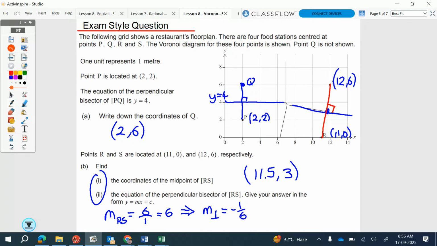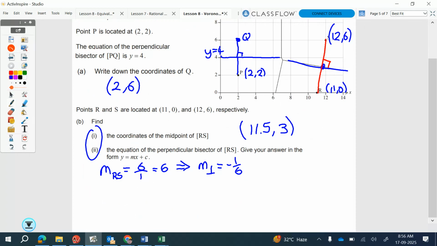Lastly, we can put all of this together into the point slope form. We know a point: y minus 3 is equal to minus 1 over 6, bracket, x minus 11.5.